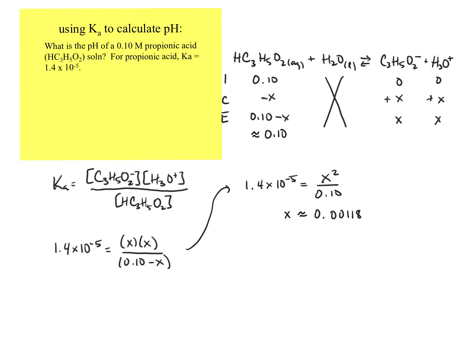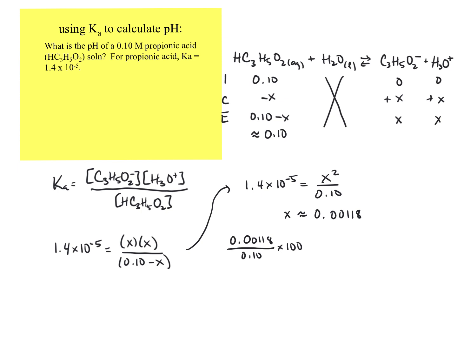Now, it's a good idea to do what you call the 5% condition, where you calculate the percent ionization. So you take the H3O plus, 0.00118, divide that by the initial concentration of the acid, 0.10, and times it by 100.